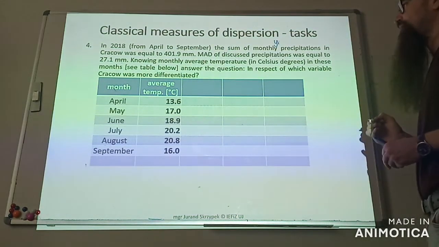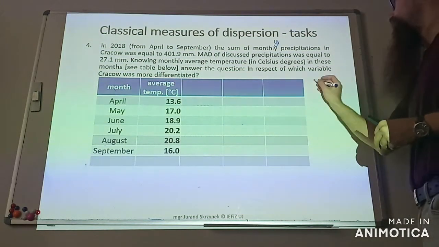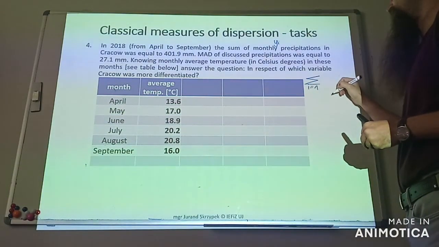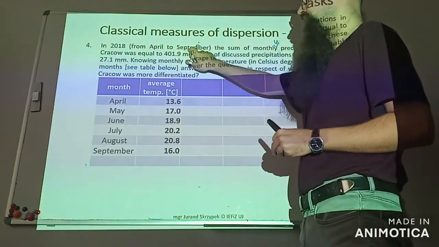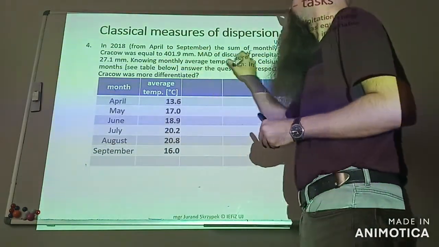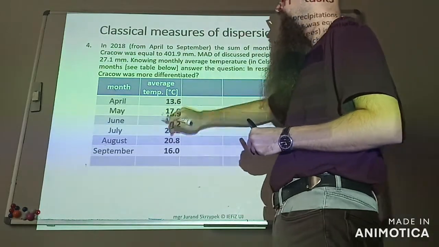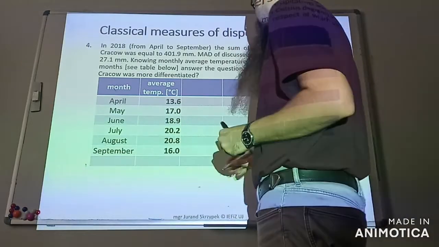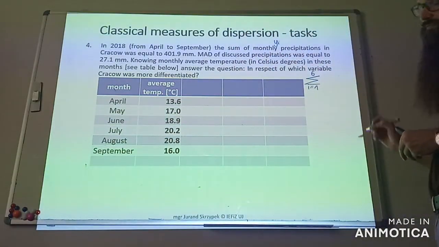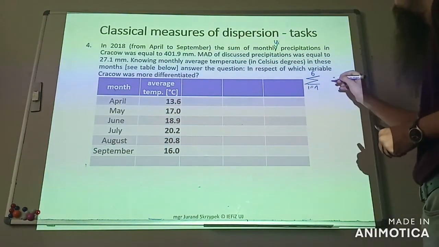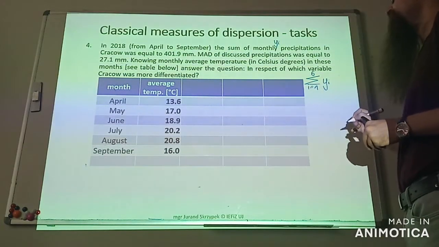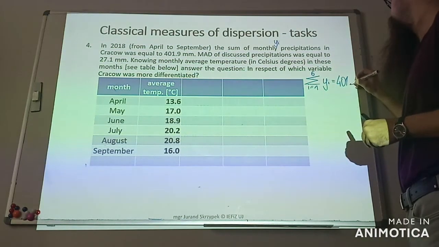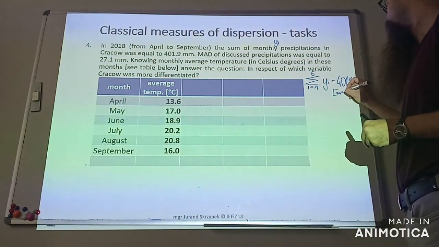From April to September, we have 1, 2, 3, 4, 5, 6 observations. So the sum from i equal 1 up to 6 of yi is equal to 401.9 millimeters.